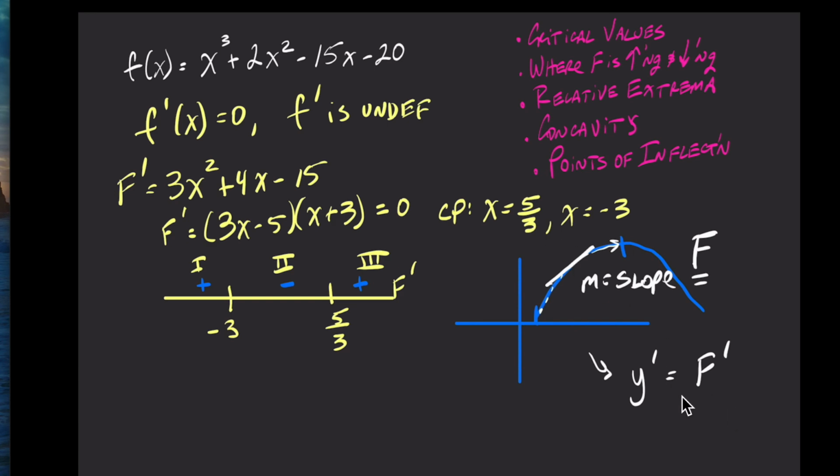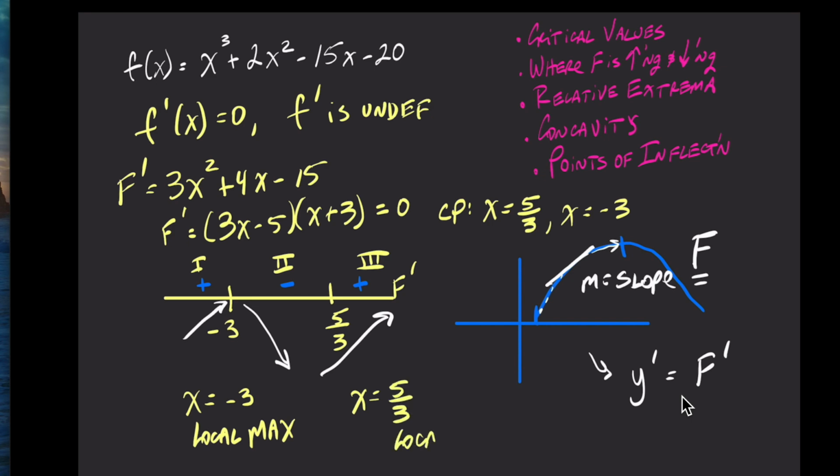They are going to be the same. So we know that our f is going to be increasing here, decreasing here, and increasing there. That makes x equals negative 3 a local maximum, and x equals 5 over 3 a local minimum.